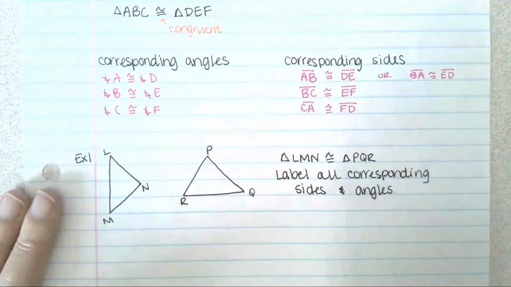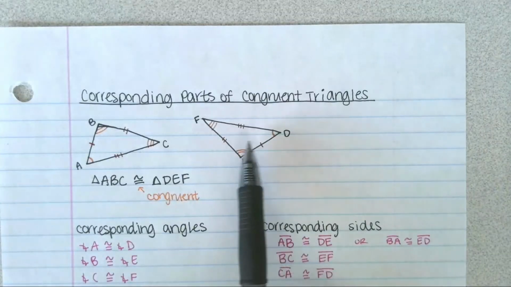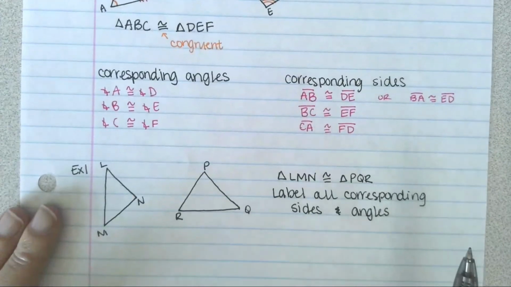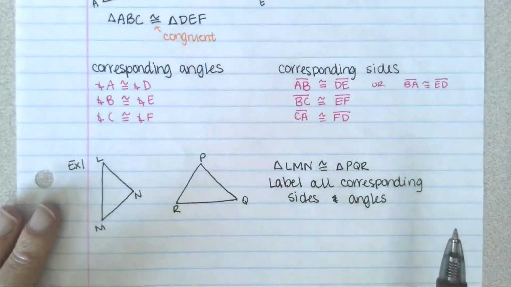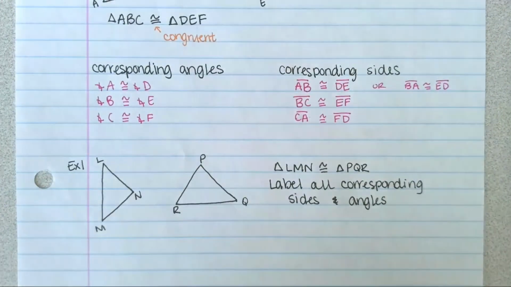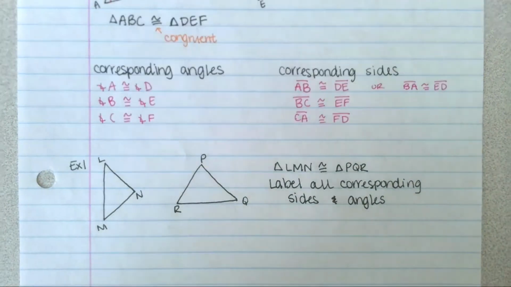So that's where we put all of the little markings on the sides and markings in the angles. So I would like you to pause the video, take a moment to mark all of your angles and sides in your triangles, and then you can come back and check your answers.